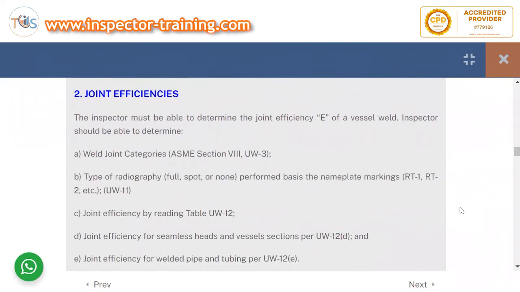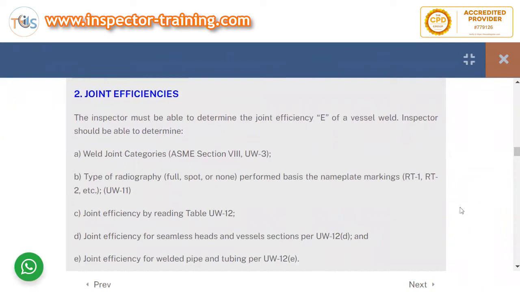So you should know about the joint efficiency, which is directly related to the amount of NDT done. For that, API refers you to ASME Section 8, UW-3. This is a very important figure there. And you should know what categories A, B, C, D are, mostly A and B. A being the longitudinal weld and B being the circumferential weld.